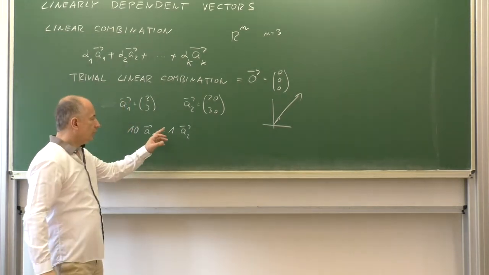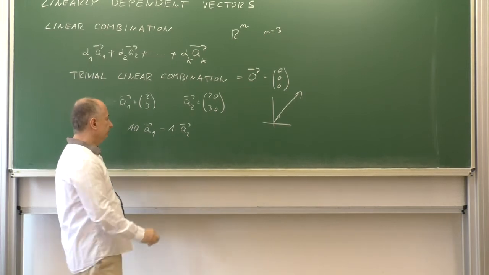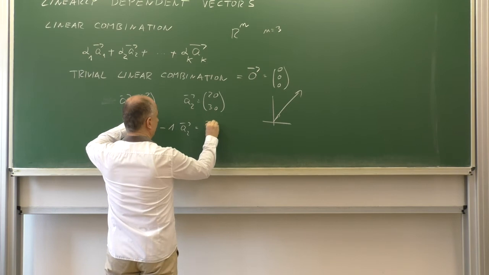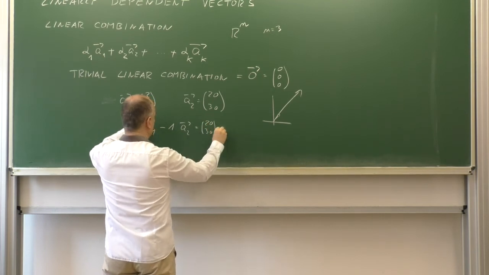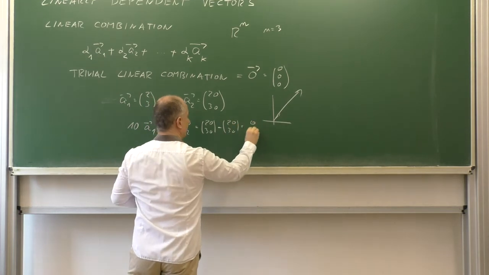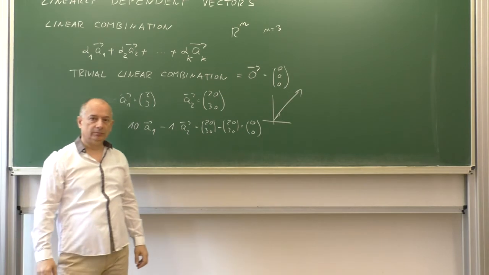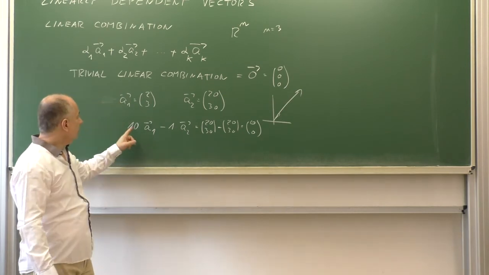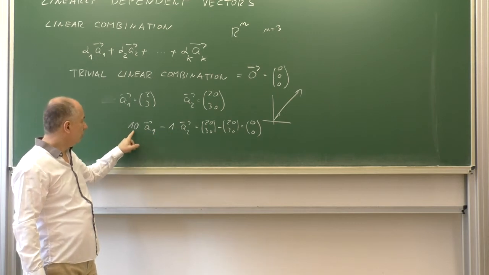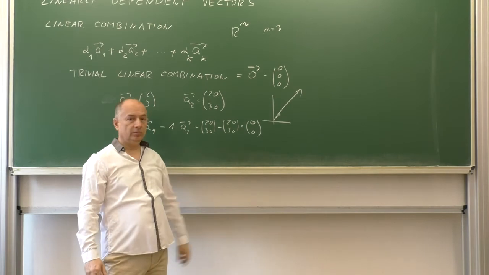We can write minus 1 times a2, or we can just write minus a2, that's the same. Because then we have 10 times a1 is 20, 30, minus a2, and this is indeed a 0 vector. So we have found a non-trivial linear combination because it is not true that all the coefficients are equal to 0, which is still equal to 0.